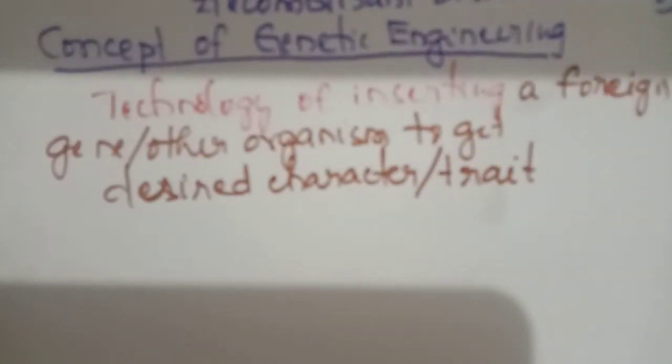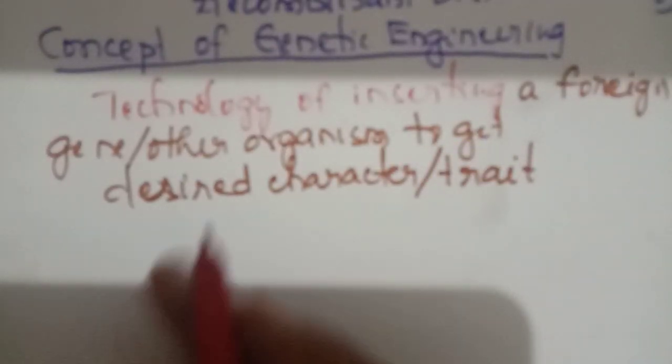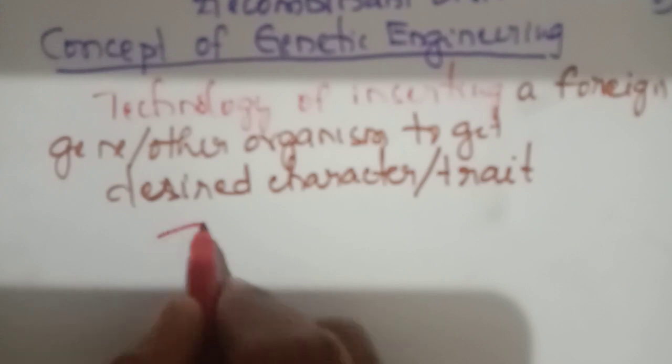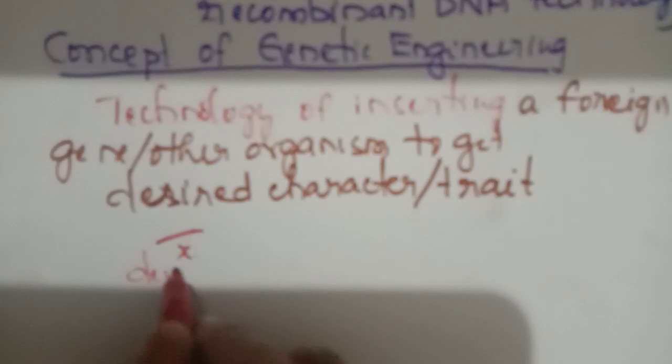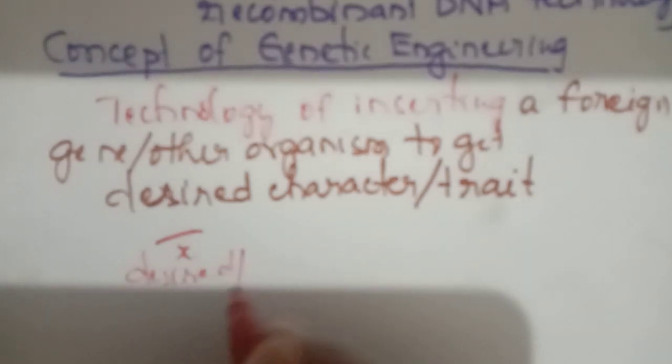Here you have one gene, the foreign gene, which does not belong to that particular organism, for example, say X gene. It is also known as the desired gene, gene of interest, or fragment of DNA.